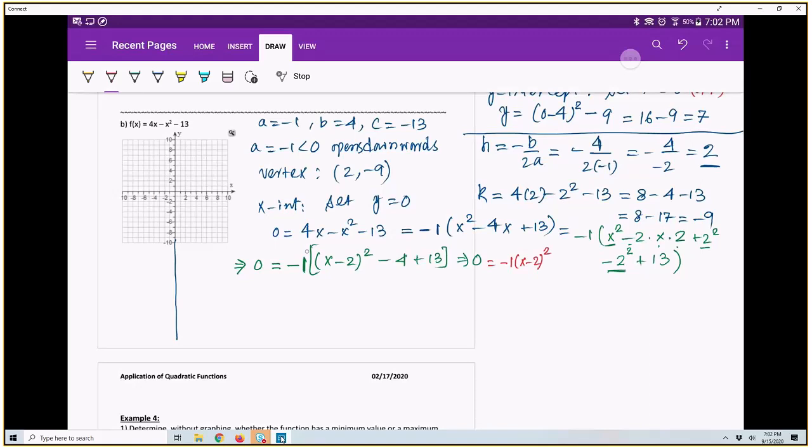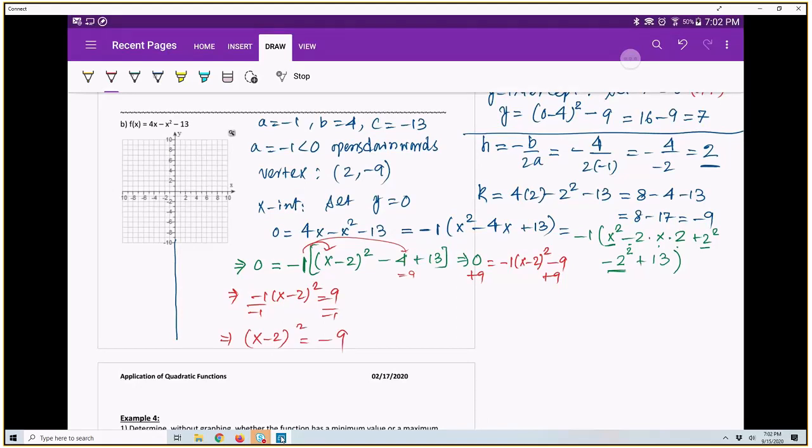Now I am distributing this. 13 minus 4 is a 9, and when you distribute the minus, you get a negative 9. So this means if I add 9 on both sides of the equation, I get negative 1 times x minus 2 squared equal to 9, and I can divide both sides by negative 1, so I get x minus 2 squared is equal to negative 9.